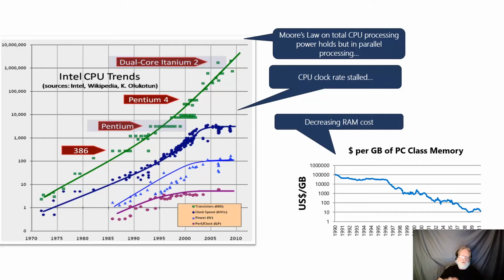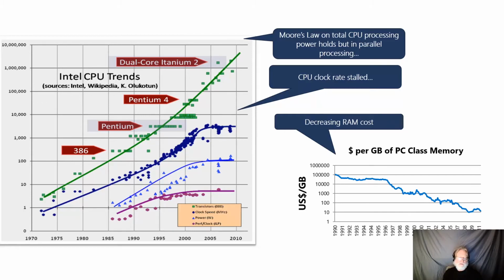The idea here was we looked at these trends in processors, and this came from Intel and a few other sources. Moore's law is still holding, but it's coming in the form of more parallelism. So you're getting more and more cores and logical cores per die, rather than each die being significantly faster.